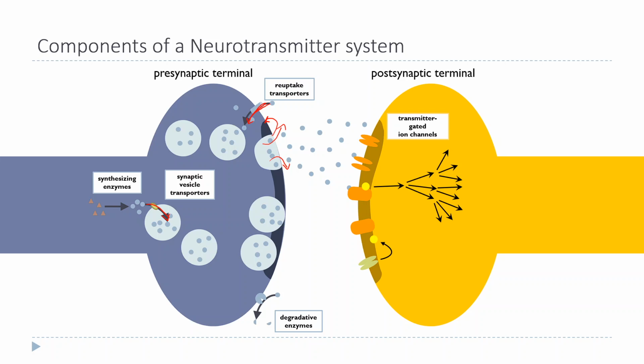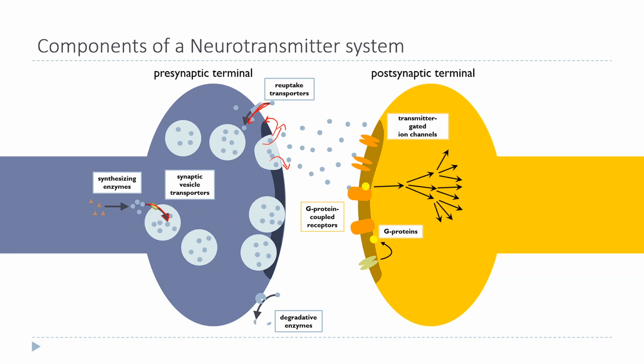Receptors for neurotransmitters can either be transmitter-gated ion channels, which just directly open an ion channel and let ions through that change the membrane potential, or you can have the so-called metabotropic receptors, sometimes called G-protein coupled receptors, that work without directly opening an ion channel, but instead activating one or more G proteins.